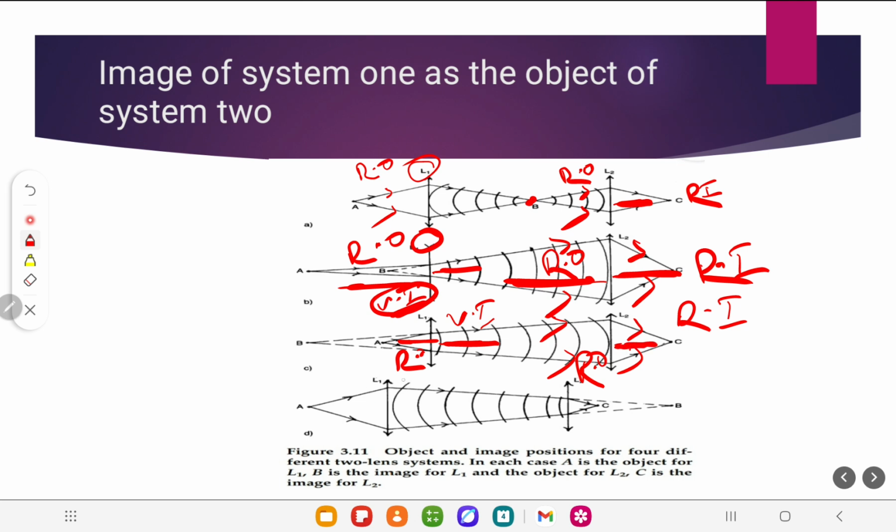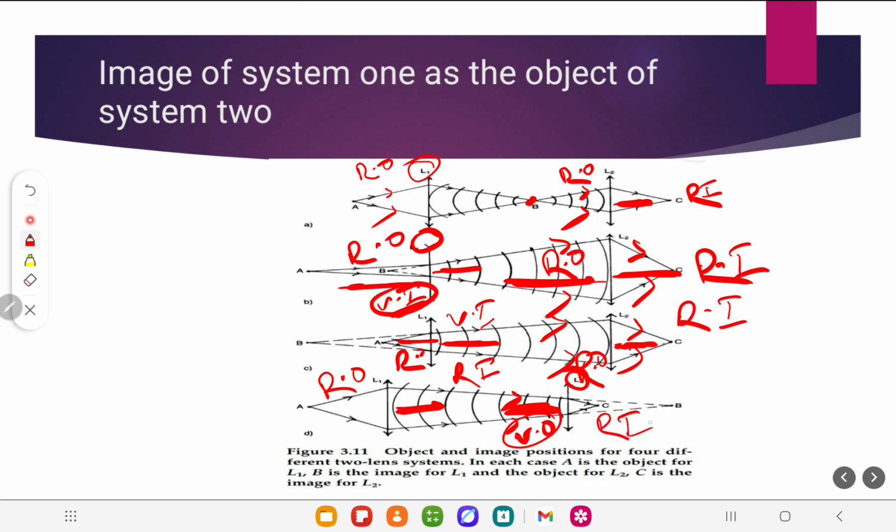See, for L1 it's a real object, isn't it? A real object forms, from the L1 lens, image space light that converges. That's why it's a real image, isn't it? But see, in the case of L2, the image space light is converging. That's why the object is a virtual object, isn't it? Because in object space of L2 the light is converging, and again the virtual object forms what?